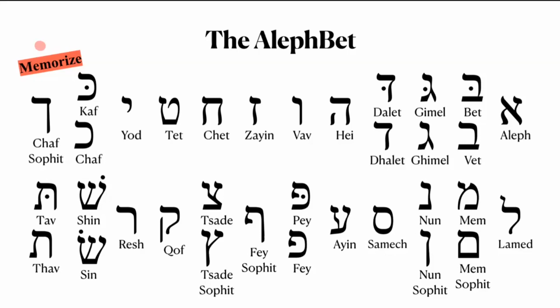Now, when you look at this slide, and I call it the alphabet, it is very unusual because the writing that you have on the screen is what we call the Aramaic square script.